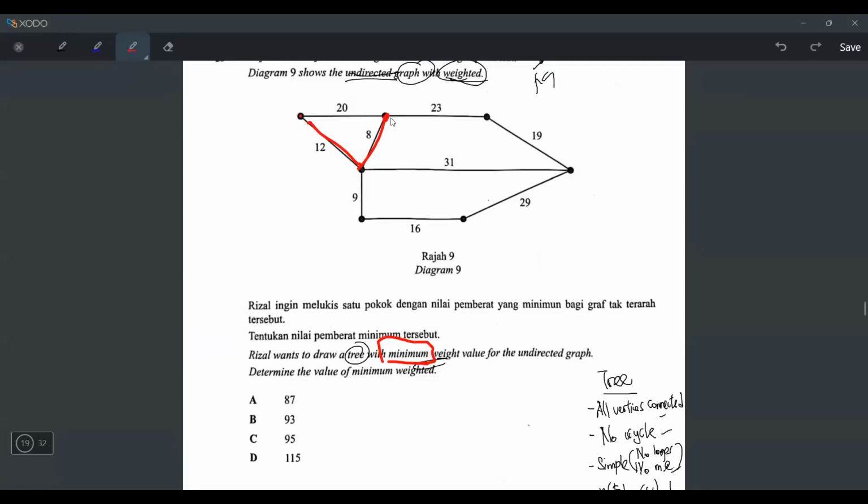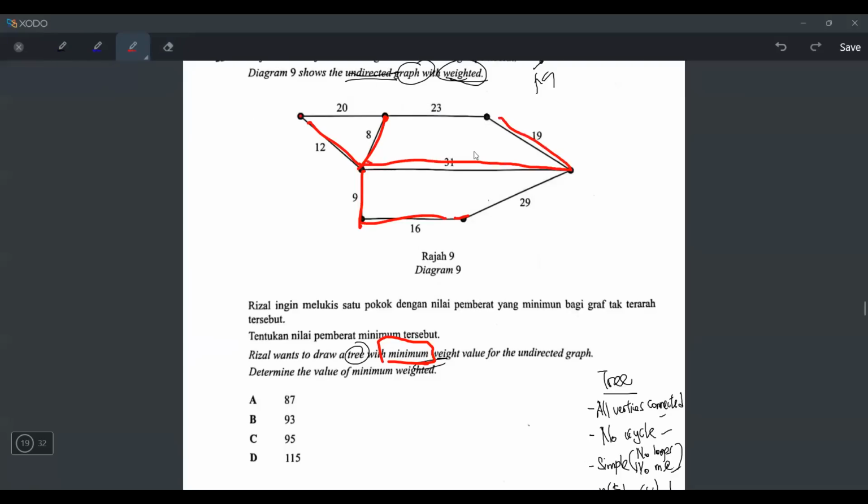So how to connect? Maybe I can connect like this. I have to make sure all vertices are connected. And then how to connect the rest? Maybe I can go like this, like this, like this. Of course, some of you may say, why not erase this and this and go like this?